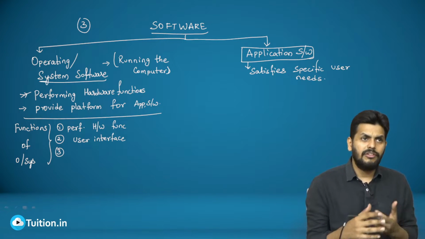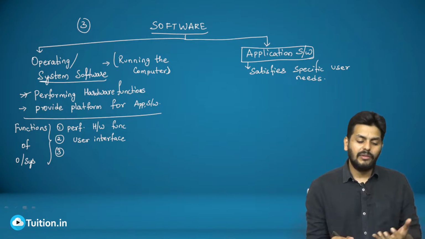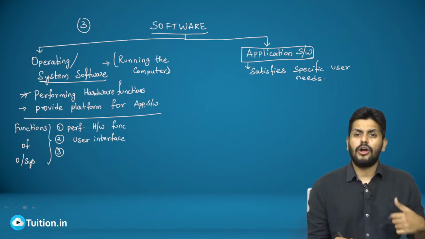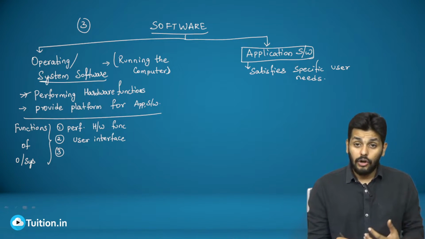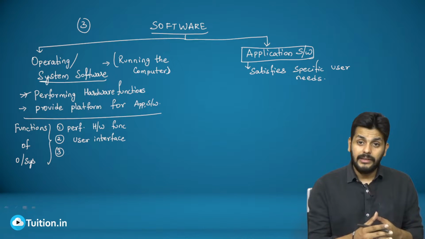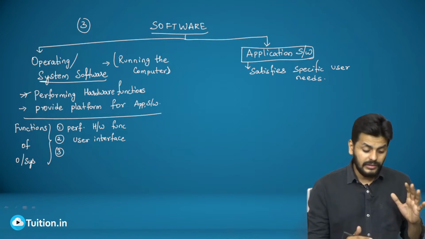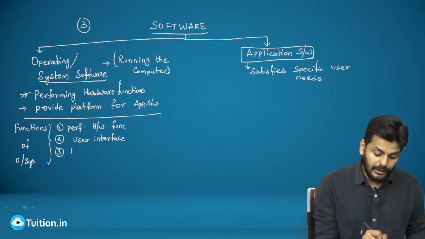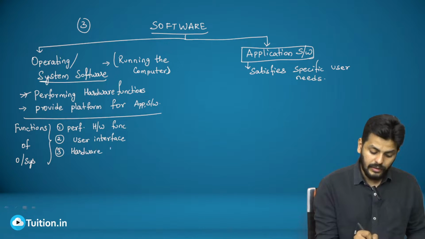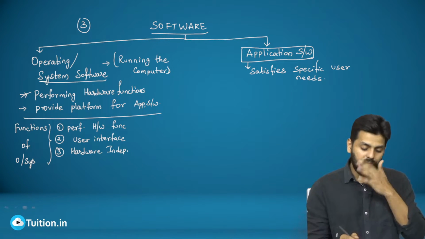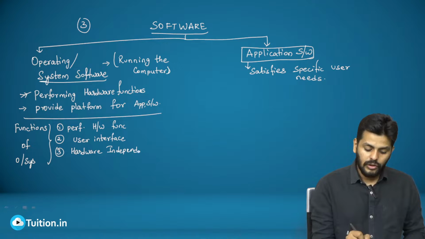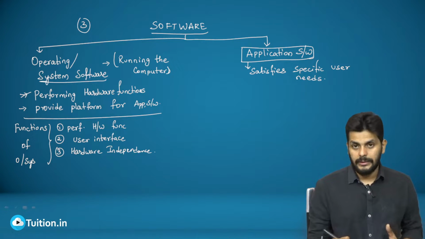Windows is the best example of an operating system that works on Dell laptops, HP laptops. You buy all the components locally and assemble them, then also they will work on it. Such a feature of the operating system is called hardware independence. It is not dependent on any type of hardware. It works on any type of hardware.